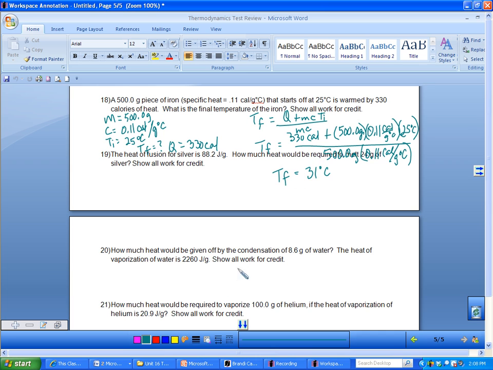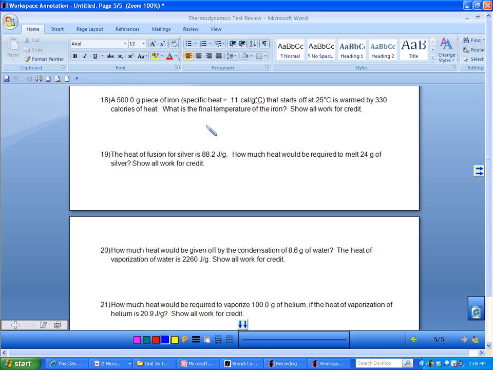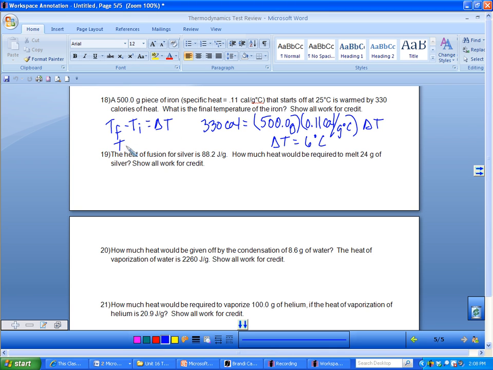Now I'm going to show you how I think it's easier to do that problem. I had 330 calories, so there's my Q. It's equal to M, which is 500, C, which was 0.11, delta T. Solve for delta T. When I did that, I got delta T to be 6 degrees Celsius, and temperature final minus temperature initial is delta T. So temperature final minus 25 degrees Celsius is equal to 6 degrees Celsius.